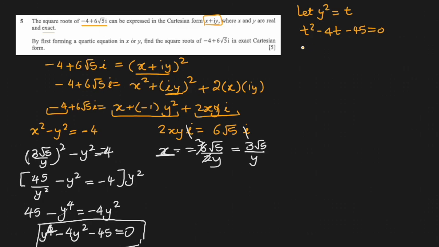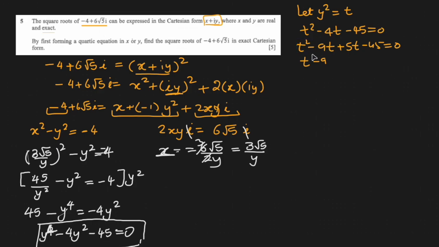And you can solve this by whatever method you know. Let me split the middle term: t square minus 9t plus 5t minus 45 equal to 0. What I get is t minus 9. Or let me not do a shortcut. Let me show you how I got this.